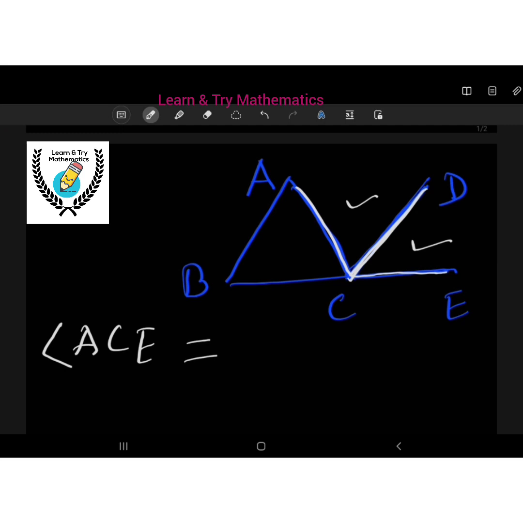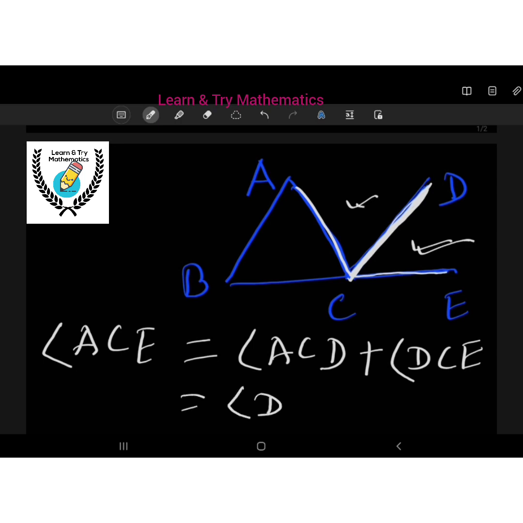the exterior angle is also the sum of two angles, ACD plus DCE, just because CD is the bisector. Then this angle and this angle are equal.